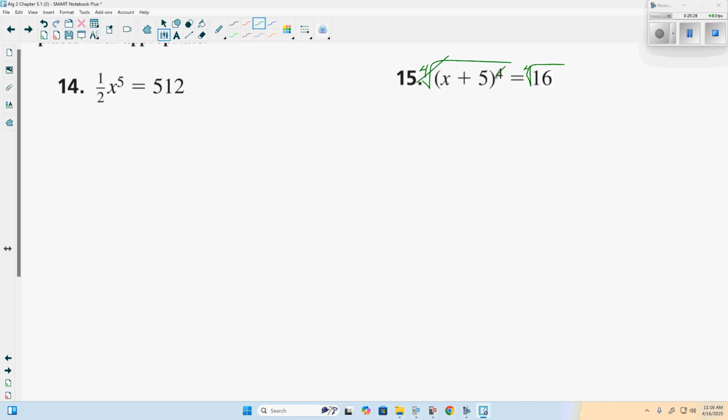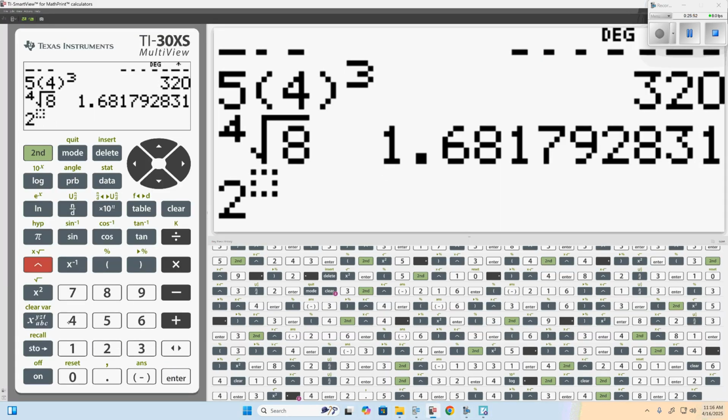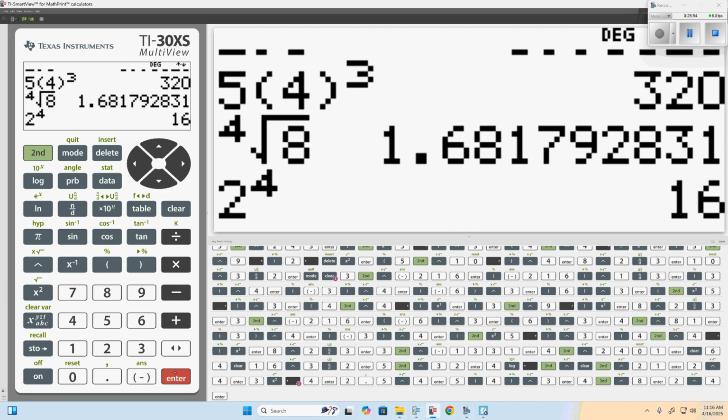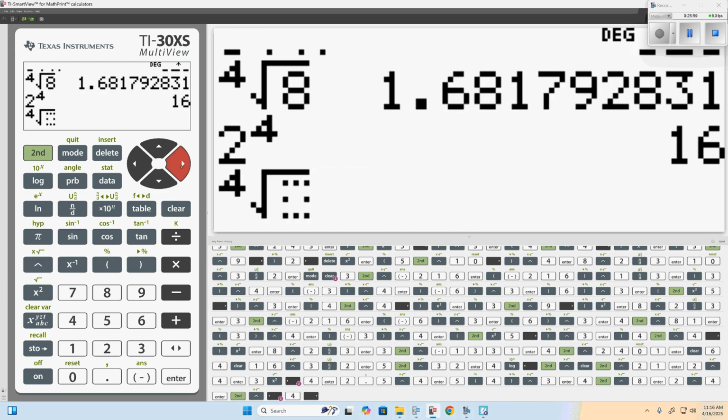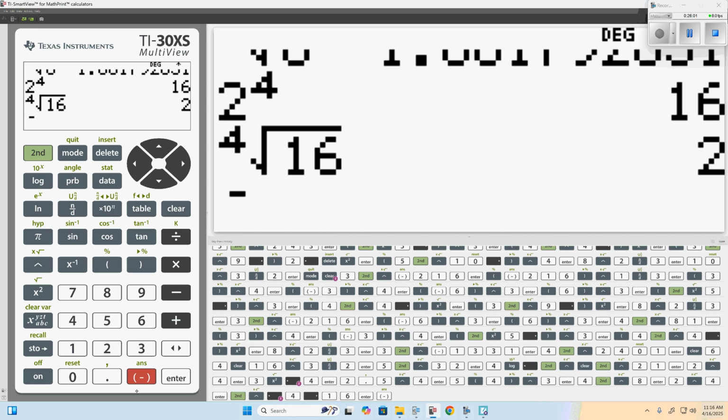Here the fourth root and fourth power would cancel, telling us that x plus 5 is equal to plus or minus, since we took an even root of a positive number, we add the plus or minus. And the fourth root of 16 is 2, because 2 to the fourth power is indeed 16.